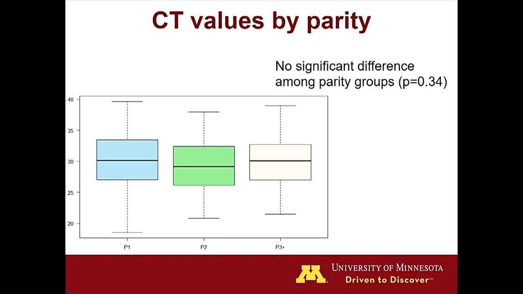In terms of the CT values, here we have the overall CT value in each of these 3 parity groups, and they look very similar, and when we assess them statistically, we also see that there is no significant difference, even if you start assessing them in different chunks of time during the outbreak.